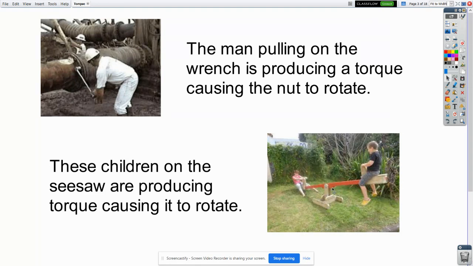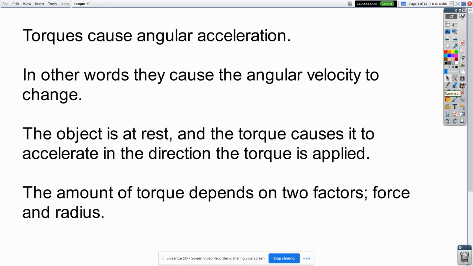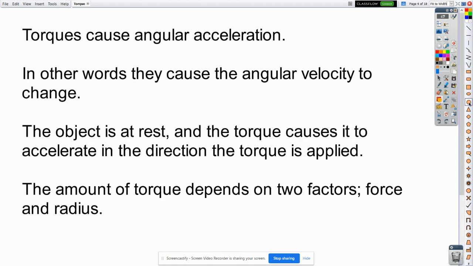Anywhere there is something rotating around an axis, there's been a torque applied to make that object rotate around that axis. What torques do is they cause angular acceleration. They cause the angular velocity of the object to change. The object was sitting at rest, and it was forced to rotate around some axis, causing its angular velocity to change.